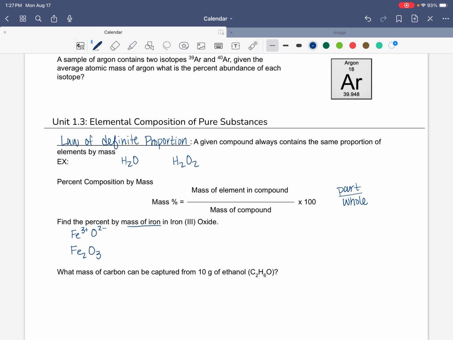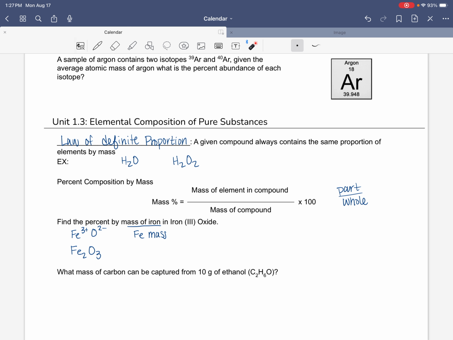Now that I know that, I know how much iron is in this compound, and I can determine the molar mass of the total compound in order to plug it into the formula. For my mass of iron in the compound, I have 2 moles of iron.